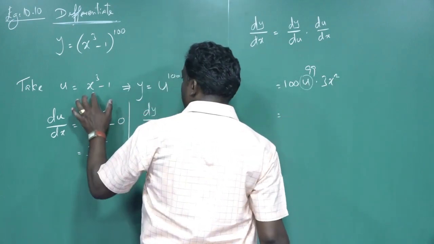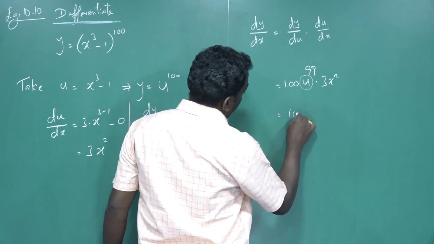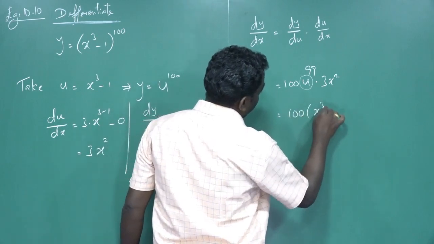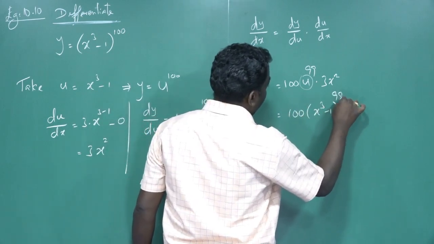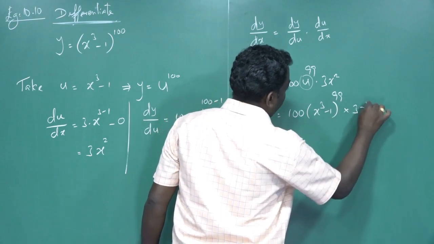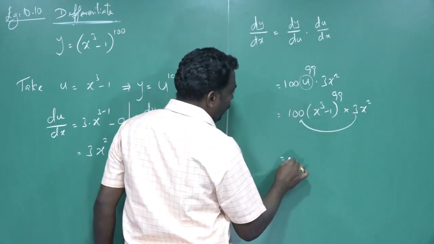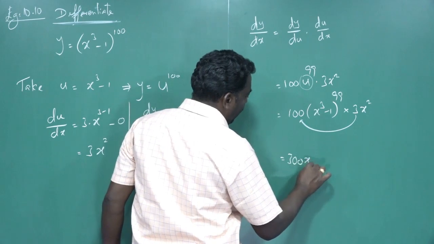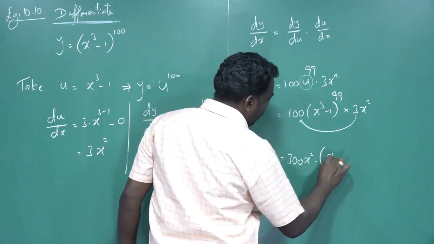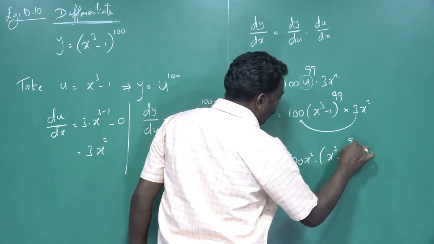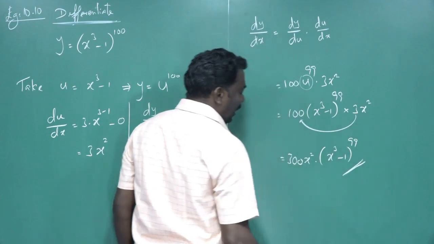What is u? U is x power 3 minus 1. Therefore, 100 into (x power 3 minus 1) whole power 99 into 3 x squared. Just multiply the terms: it is 300 x squared into (x power 3 minus 1) whole power 99, and this is the final answer.